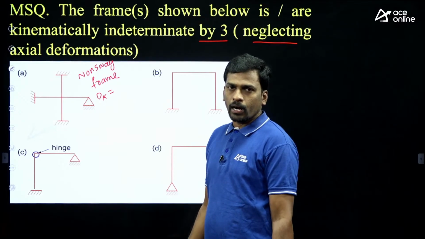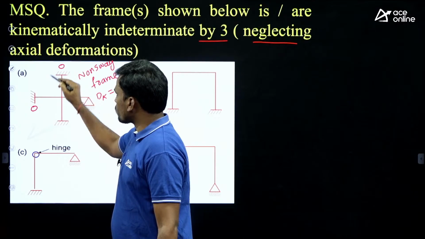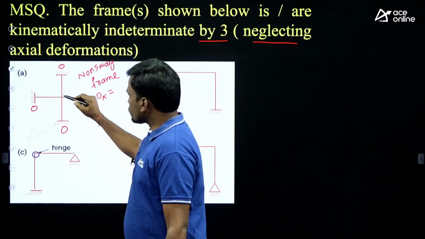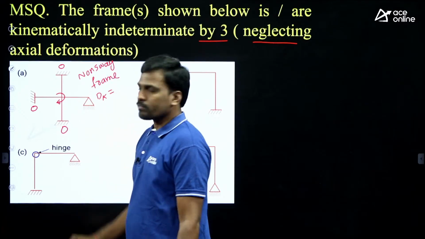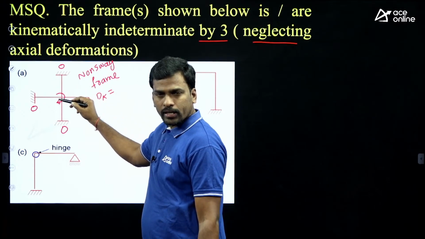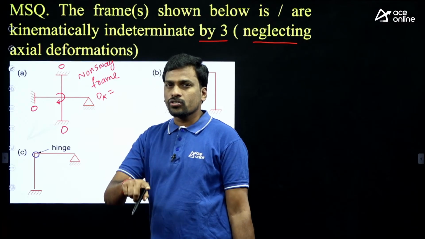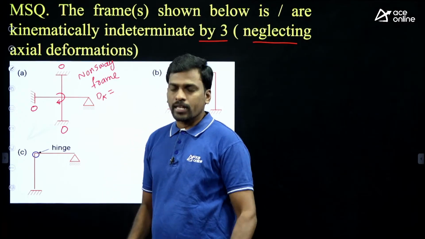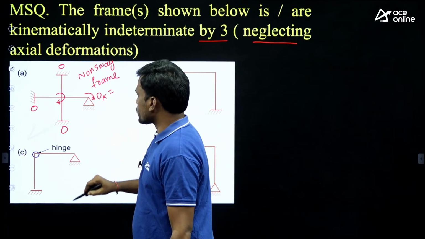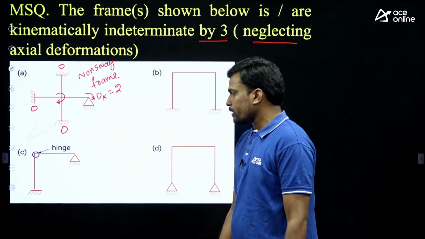Fixed support, no rotation. At a rigid joint there is one rotation; whether 2, 3 or 1000 members meet there, we consider only one rotation, because all the members have the same rotation at the rigid joint. At the hinged support, there is one rotation. So 2 degrees of freedom, both rotations.